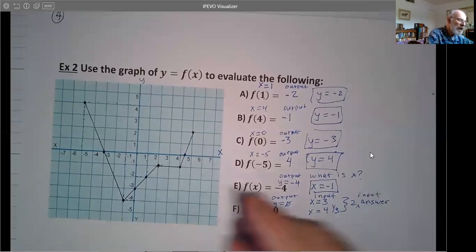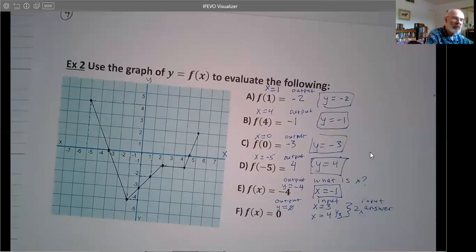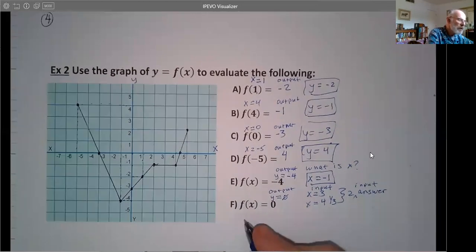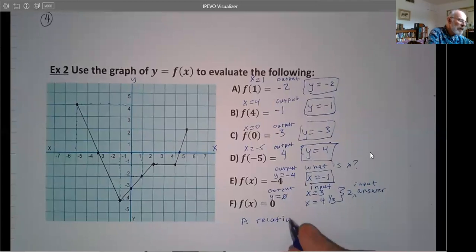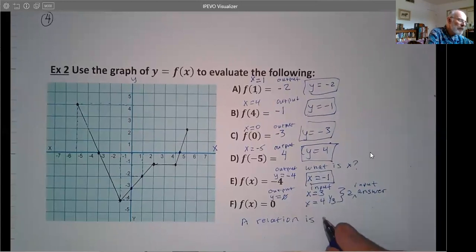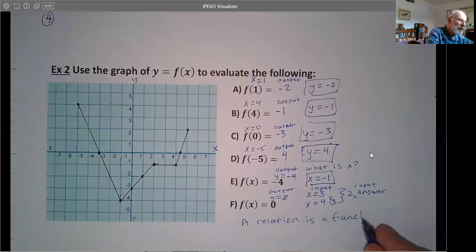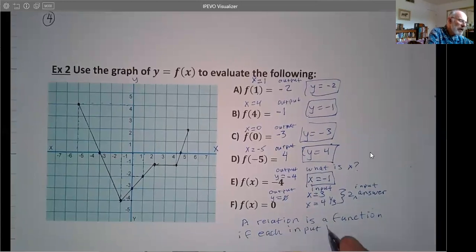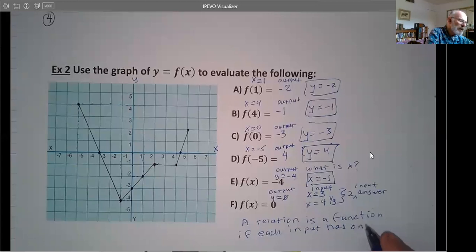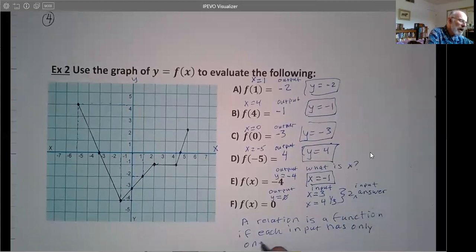Now, does that mean this is not a function? What's the rule on functions? A relation is a function if each input has only one output.